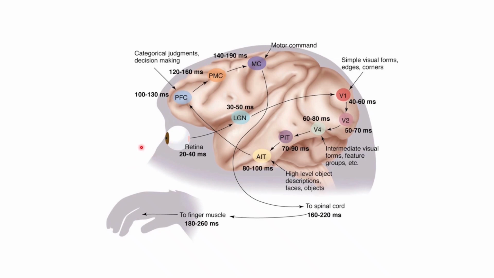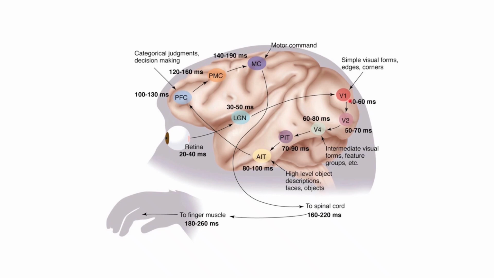The light from the cup falls on my eye, on my retina, and the processing within the retina can take 20 to 40 milliseconds. Then the signal from the retina goes to the thalamus, a part of the thalamus called the lateral geniculate nucleus, LGN. And then the signal goes to the back of the brain, the visual cortex, where the signal is first processed in V1.